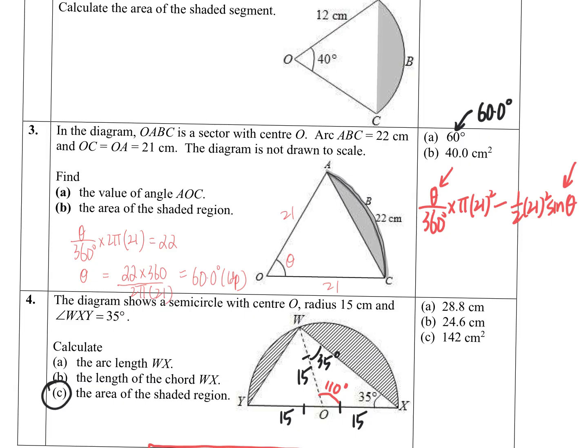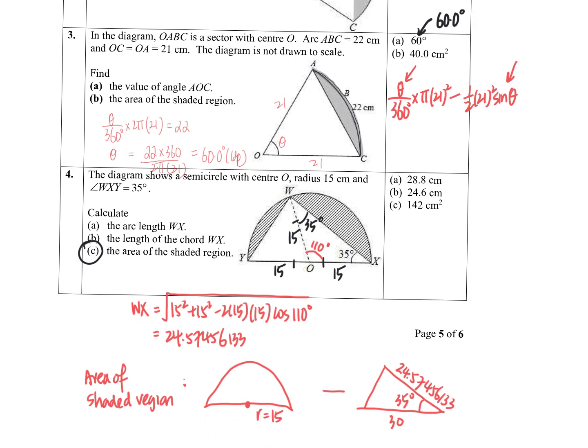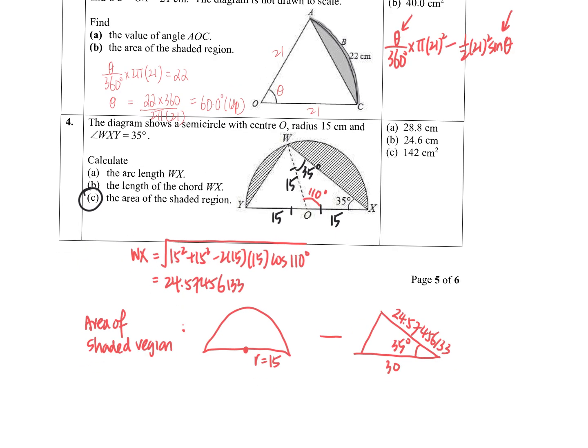So that's question 3. I just want to point out for question 4, to find the area of the shaded region, you can find the area of the segment here and the area of the segment here and add up, or you can find the area of the semicircle and take away the area of this triangle. I can find the area of the semicircle by using pi r squared, halved.